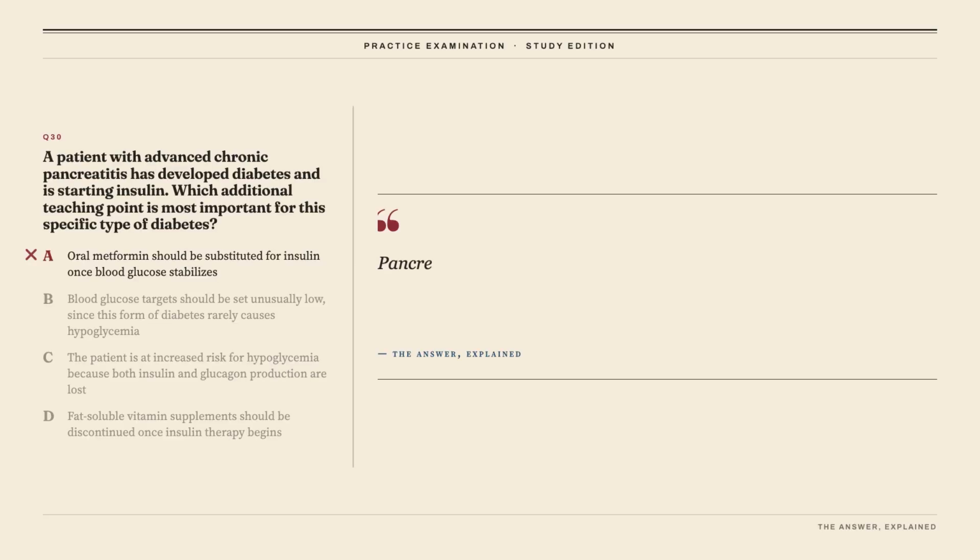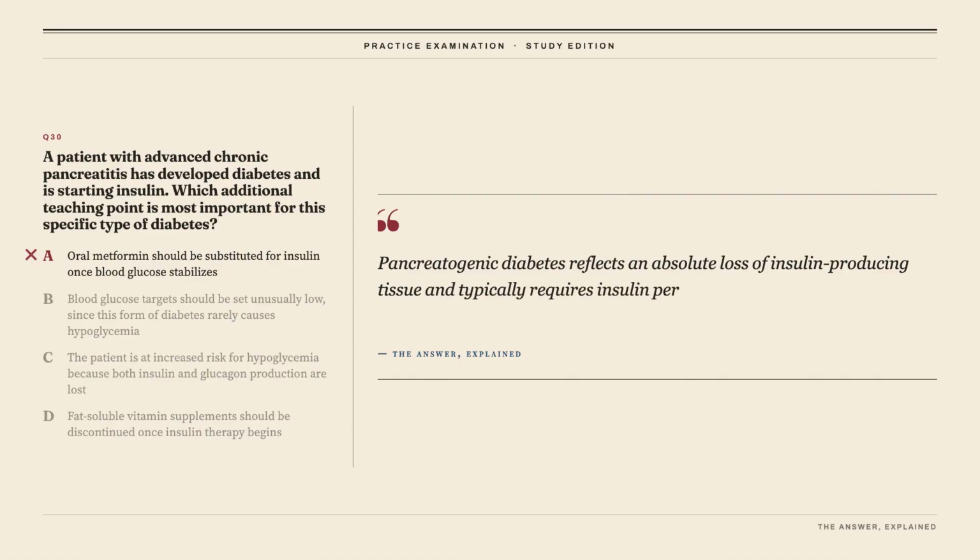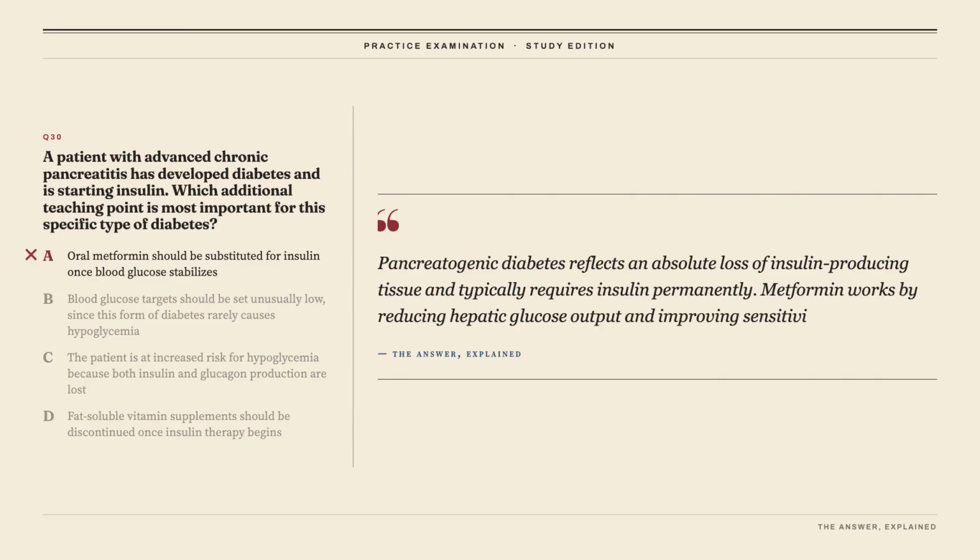A is wrong because pancreatogenic diabetes reflects an absolute loss of insulin-producing tissue and typically requires insulin permanently. Metformin works by reducing hepatic glucose output and improving sensitivity, which does not replace absent insulin.